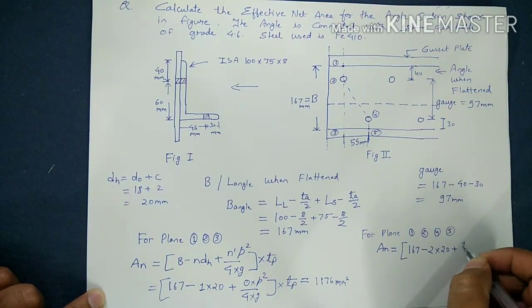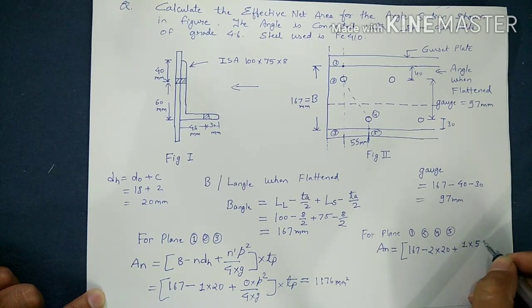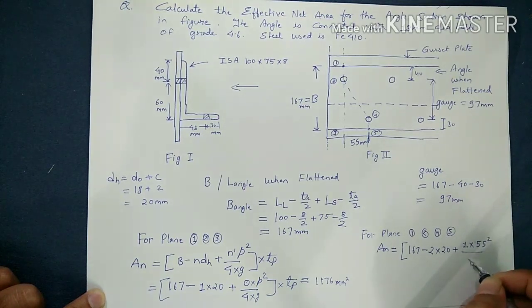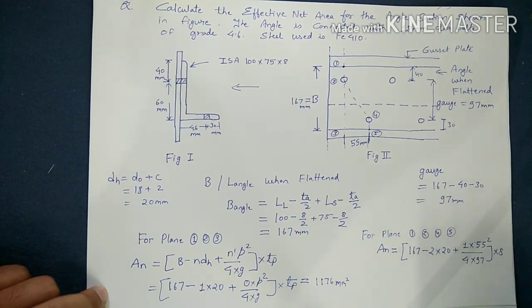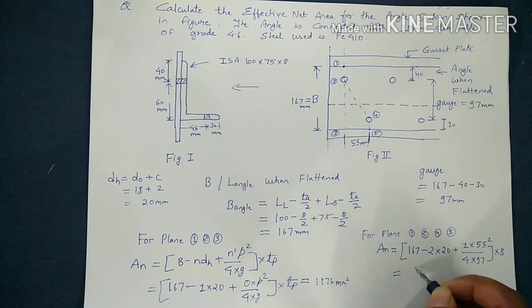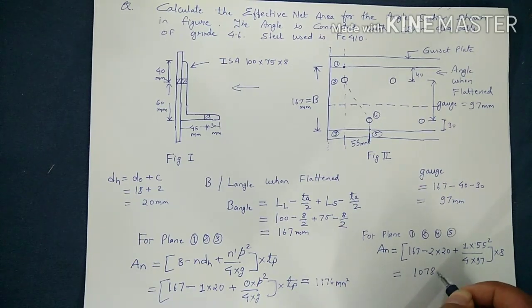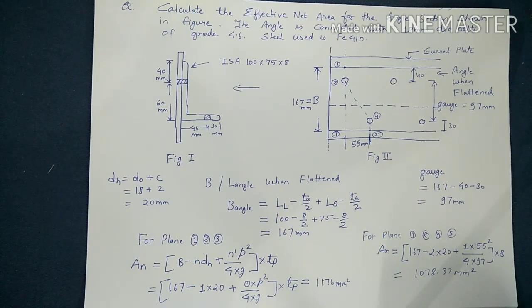So n dash will be 1, pitch is 55 and gauge is 97. On solving this, we find 1078.37 mm square.